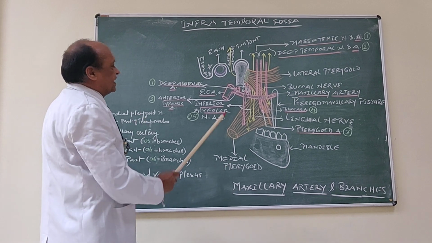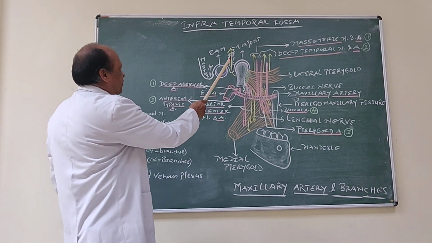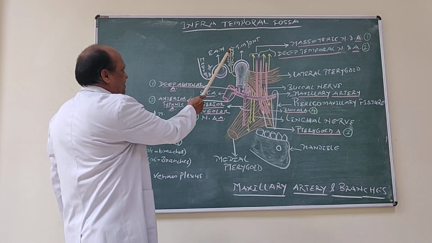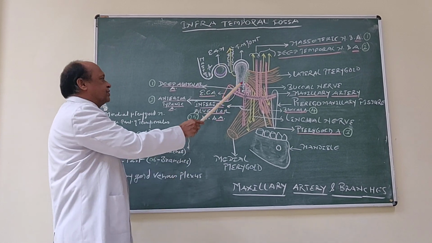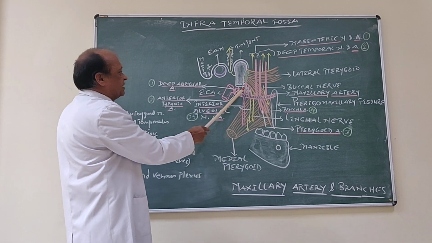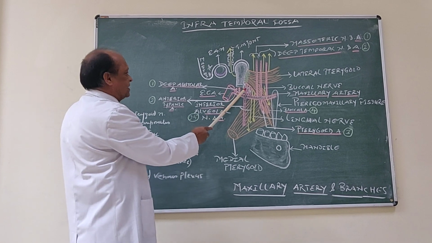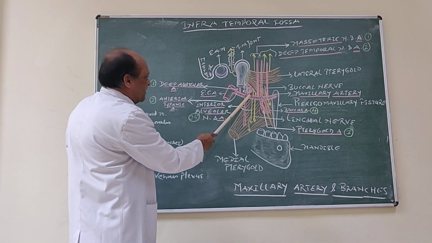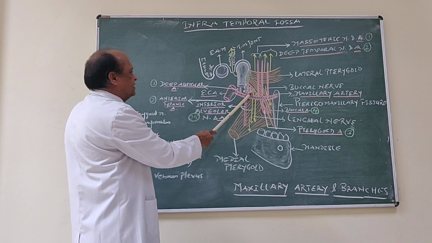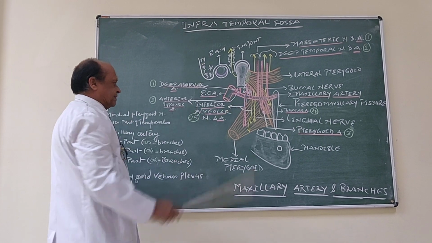It runs upwards, passes between the two roots of the auriculotemporal nerve, and enters the cranial cavity through the foramen spinosum, and it supplies the skull bone and dura mater.